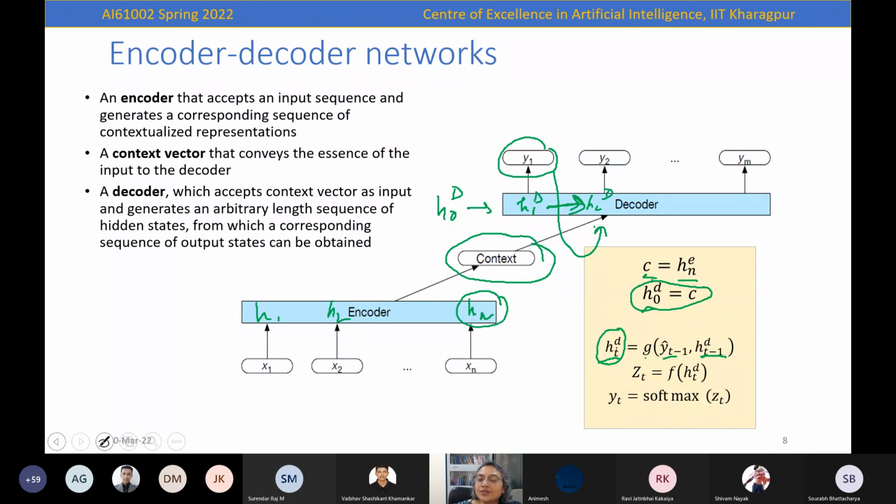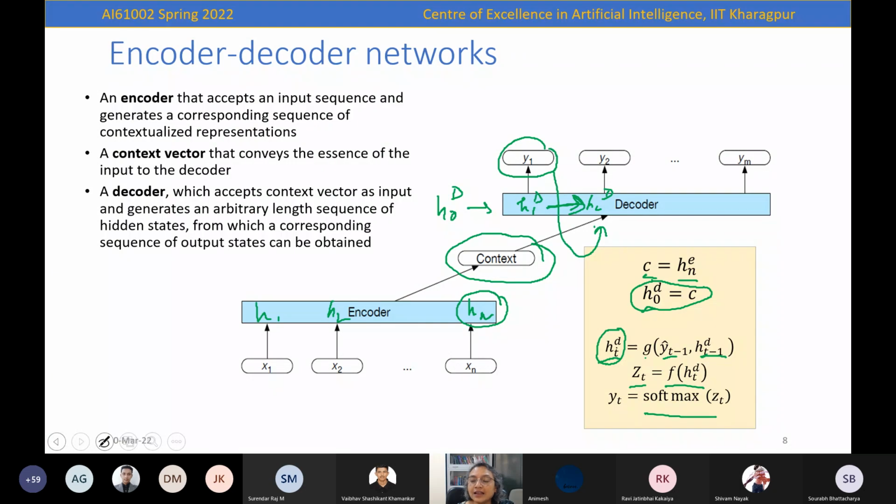And from the decoder state, if you want to generate the output, a function of HTD gives you ZT. And from ZT, because the output for machine translation is a word, and as you know, for classification, you can use a softmax function.